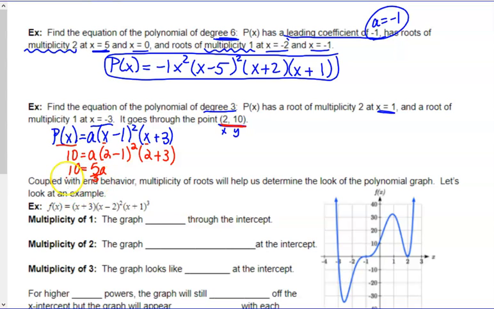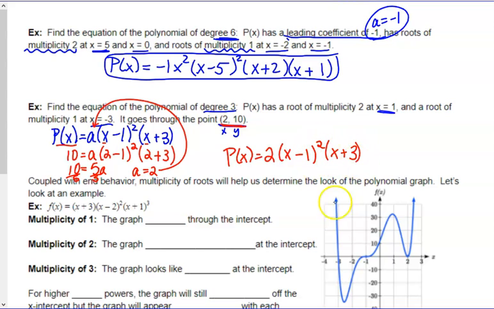And now I can divide nicely by the number next to the letter and find out that a equals 2. Now, when I get done with that, we need to plug that right back in there to write our final answer. So p of x is equal to 2 times x minus 1 squared times an x plus 3. And that would be our final answer there. Okay?